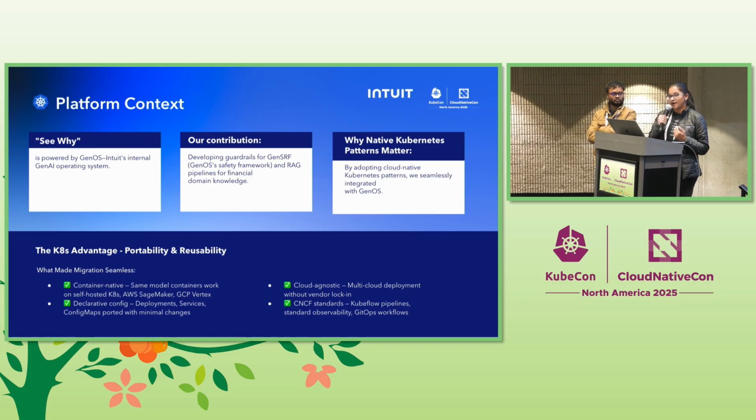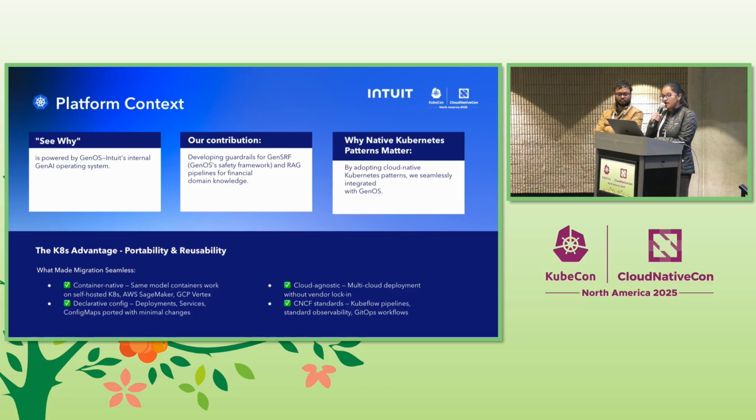We were able to migrate some of our guardrails from a Kubernetes model serving layer to GenSRF, which is heavily reliant on AWS. So given we followed the Kubernetes pattern, it helped us move quickly into a cloud agnostic infrastructure as well. Relying on Kubernetes helped us navigate the space and test things out very easily.